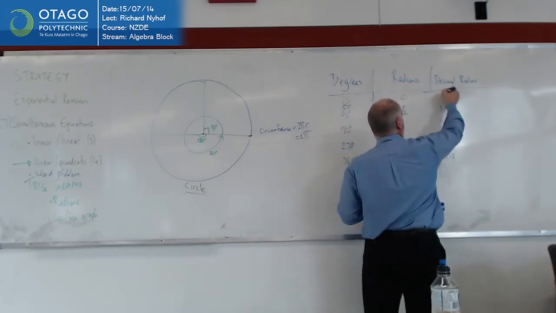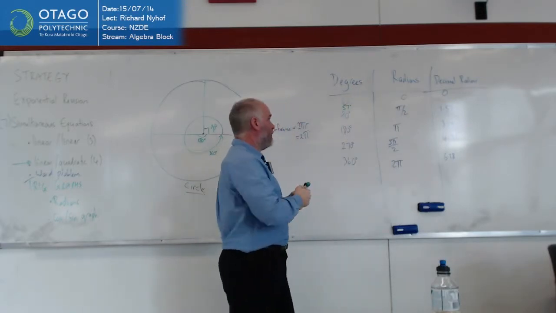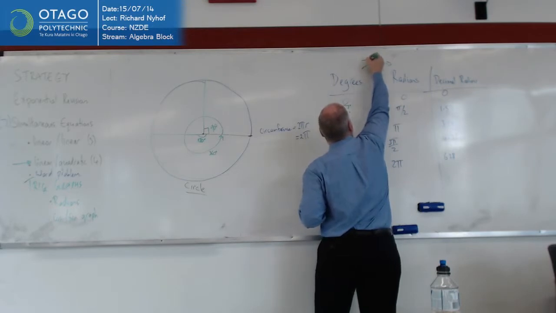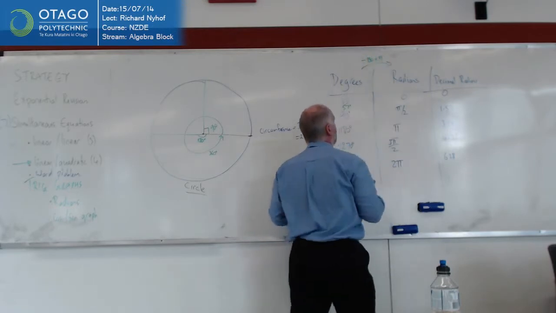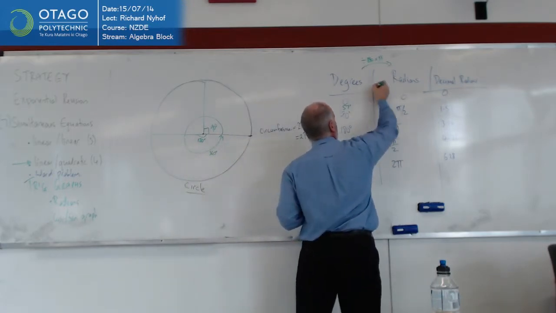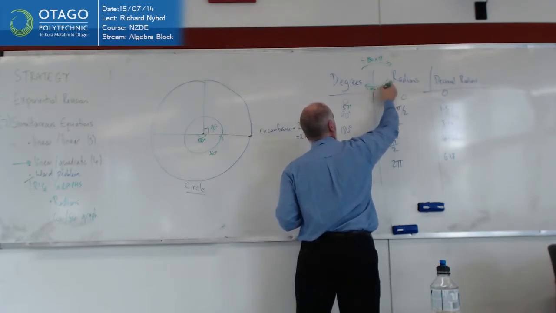So basically, if we're trying to go from degrees into radians, we need to divide by 180 and multiply by pi. And if we're going the other way, just do the opposite. So we divide by pi and multiply by 180.